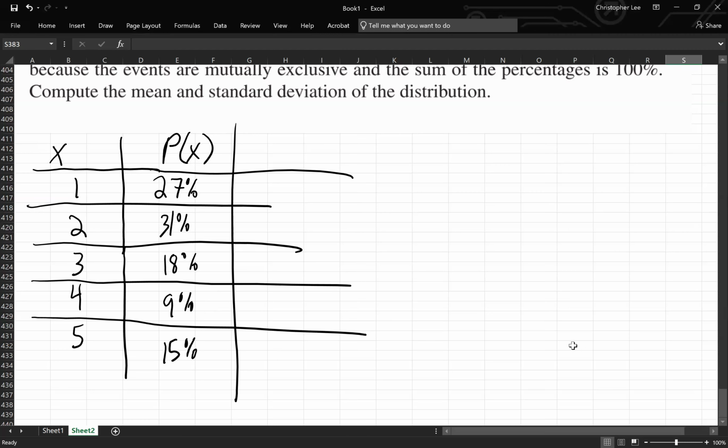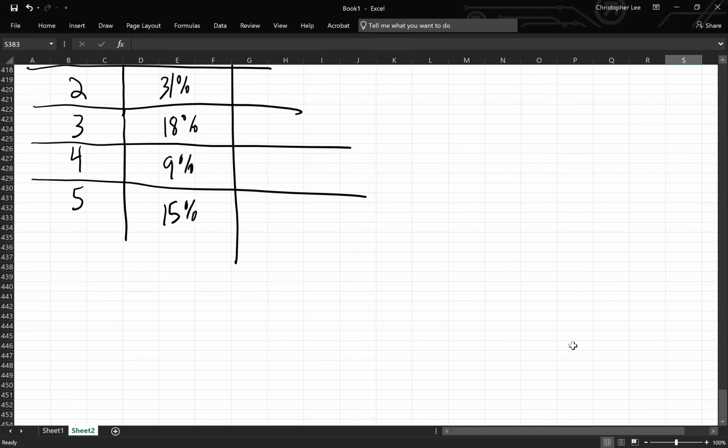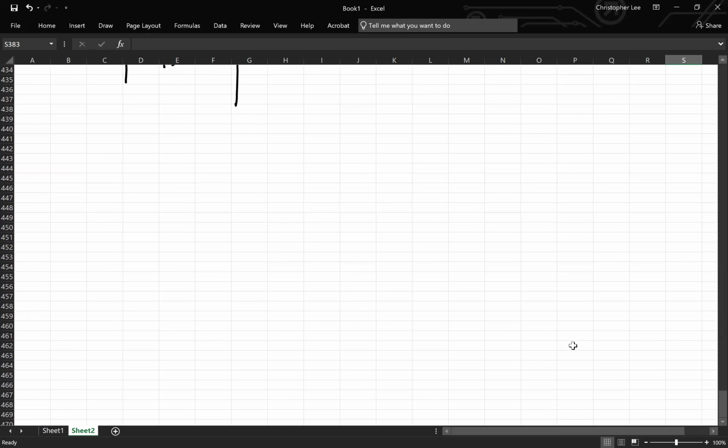Now to find the mean, mu, or our expected value, what's the formula? It's the sum of x times p of x.